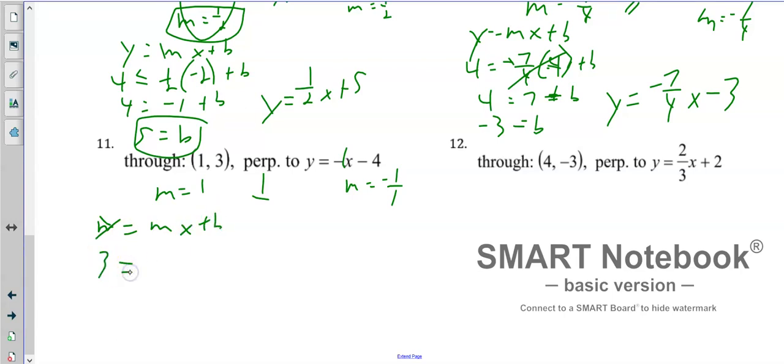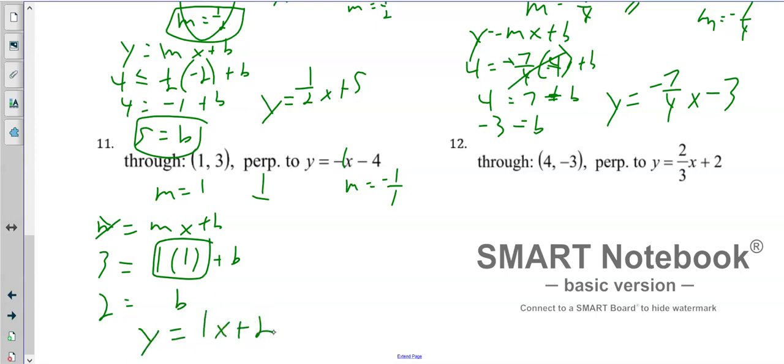Y is 3. M is 1. X is 1. Sorry. Plus b. Well, that's just simply 1. So if I subtract 1, I get b is 2. And my equation is 1x plus 2.